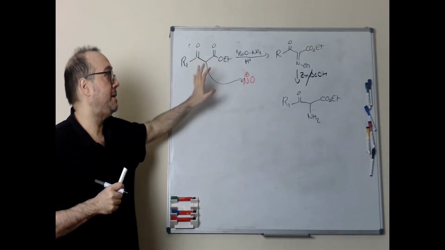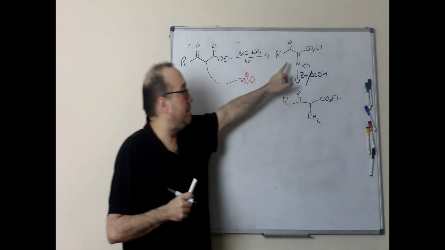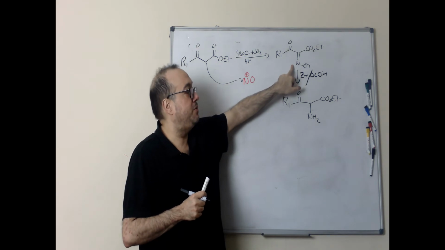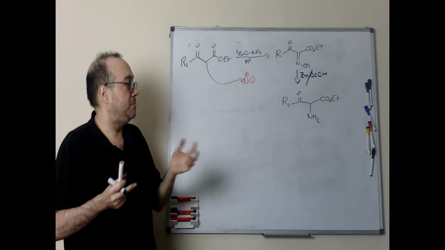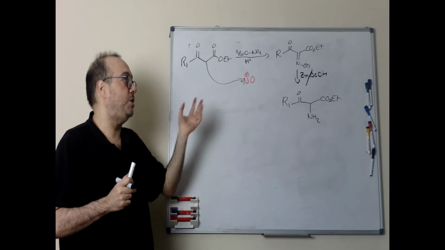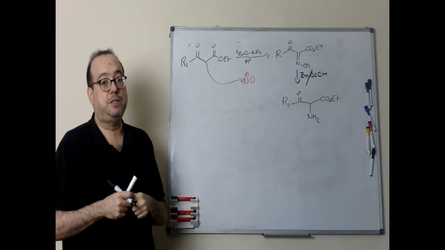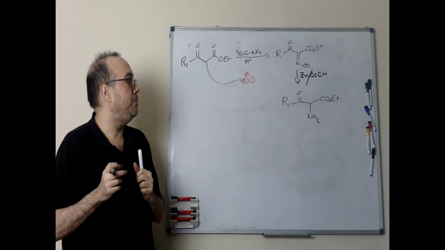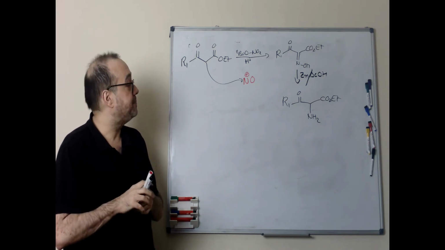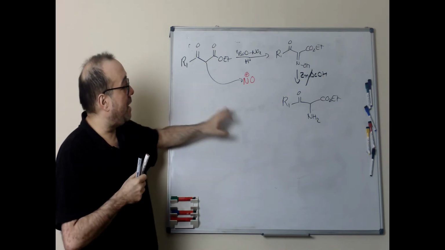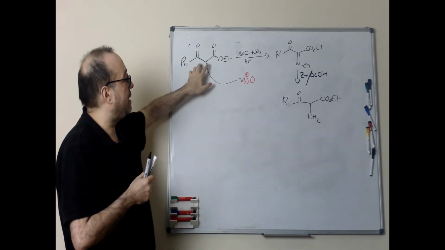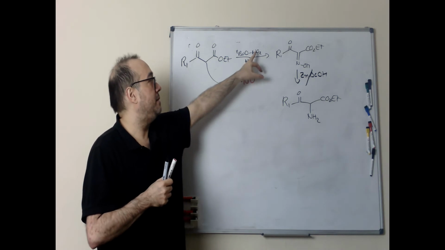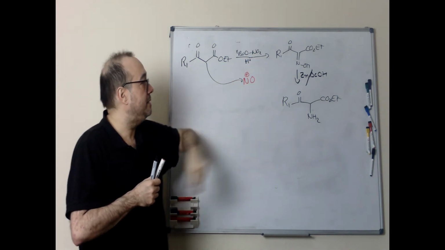Okay, it's quite easy. And for the reduction of the oxime to the amine, it is not necessary to know the mechanism. It's so advanced for this course. Probably you will see it in the following years. Okay, but this is how we synthesize the amino ketoester. Basically, we react a ketoester with this compound in acid media.